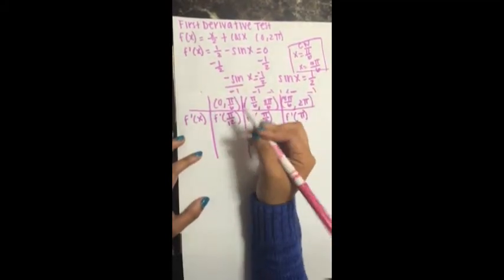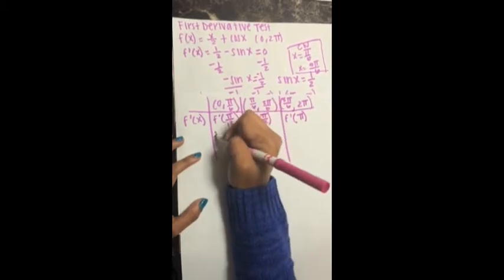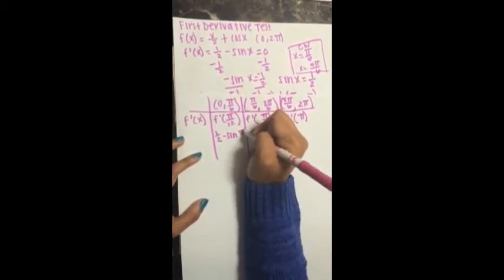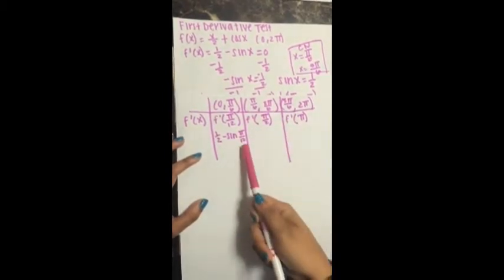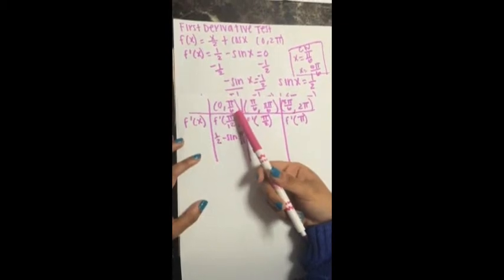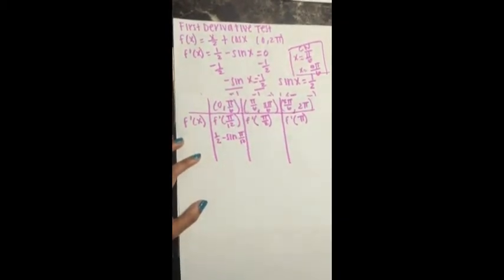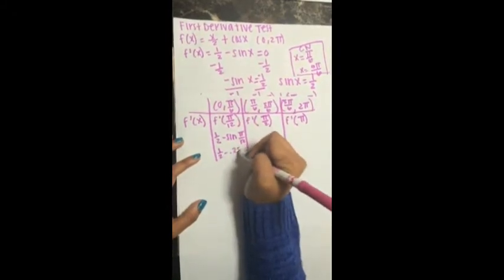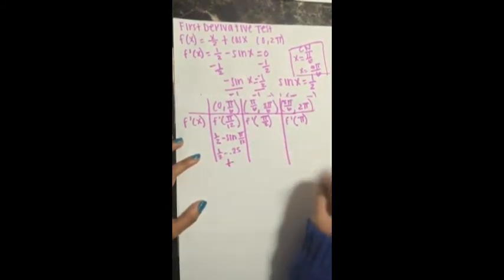And so we're going to plug into our first derivative, and we have 1/2 minus sine of pi over 12. So pi over 12 is half of pi over 6. And sine of pi over 6 is 1/2. So sine of pi over 12 would be about 0.25. So we would have 1/2 minus 0.25, which would give us a positive number.